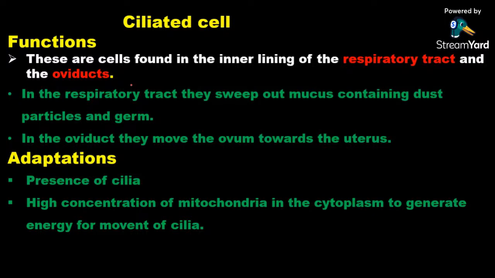Before we look at the functions, it's very important that we look at where they are found, because some of the questions you might come across give you a cell, and then you name it. In the case of a ciliated cell, one of the follow-up questions you expect is where is it found. In humans, where are they found?